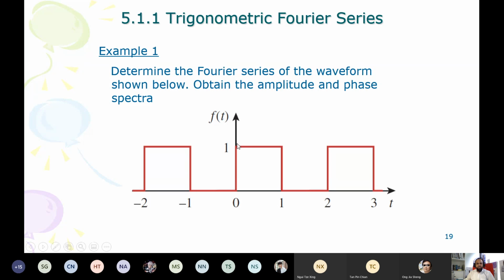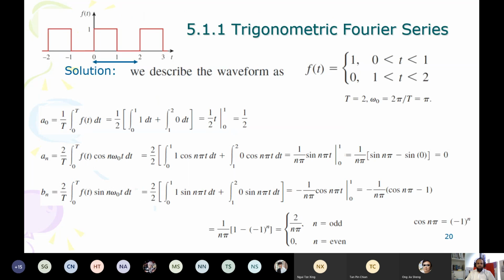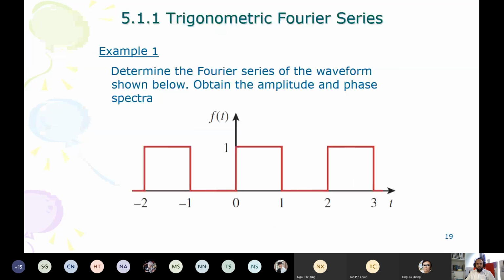The things we need are the function itself and omega naught. For omega naught, we need the time period, which is 2. So the basic frequency is 1 upon 2, and since omega equals 2 pi f or 2 pi by T, we can get omega naught.